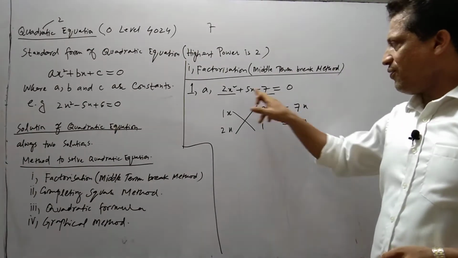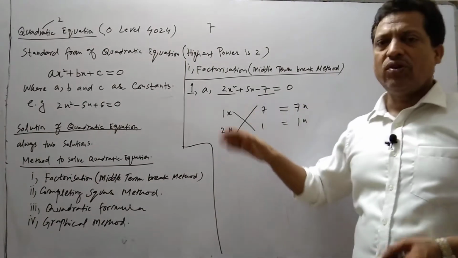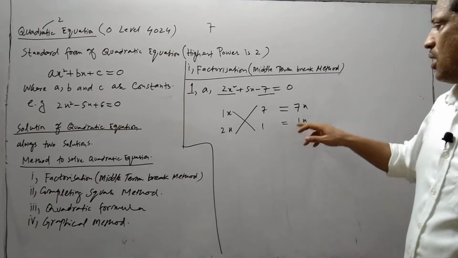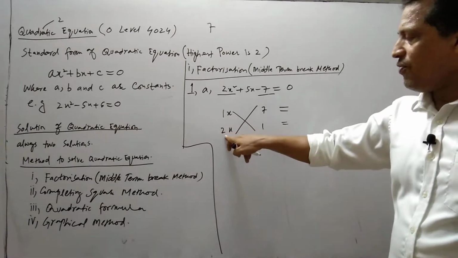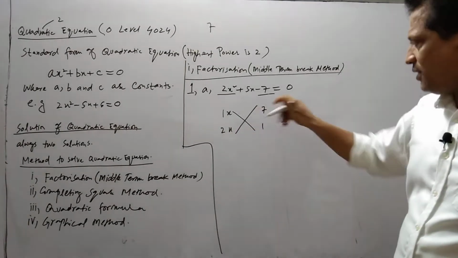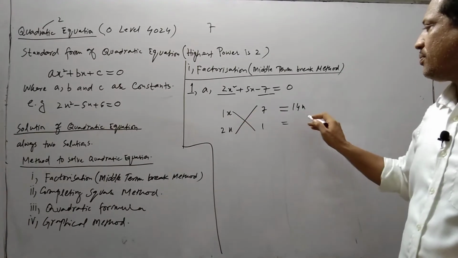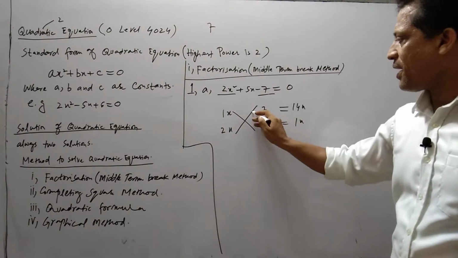If you don't get 5x with these two operations, it means you have to go and try other factors. Sorry, I made a mistake. We have to multiply 2x by 7, 14x, and 1x by 1, 1x. First we have to multiply this. I make an arrow.